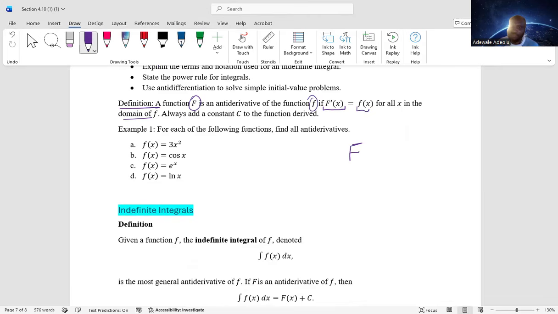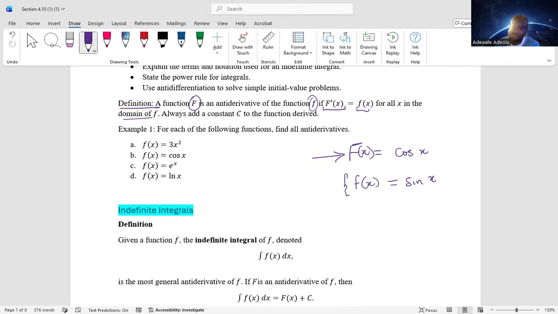Let's say we have some function, say capital F of x, then I call it, say, cosine of x. Then if I say f of x is sine of x, let us check if this capital F of x is the antiderivative of this small f.